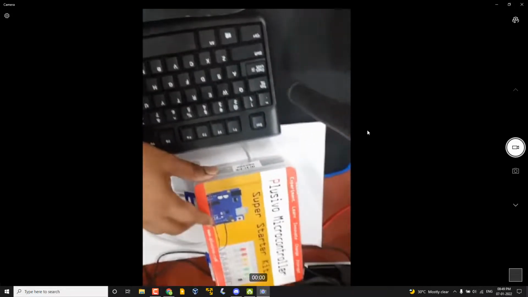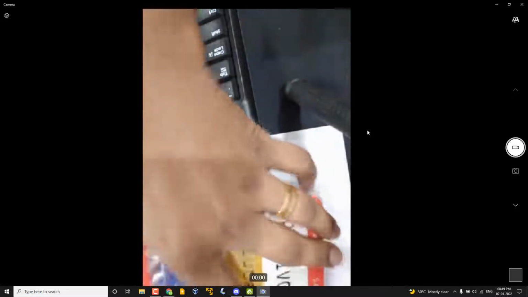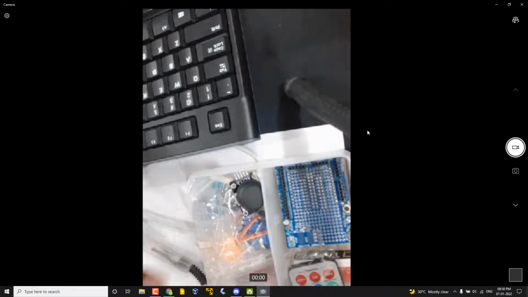Next time, tomorrow, I think I can mount it properly. This is a microcontroller board which has Arduino and everything. I can just open it for you. There are a lot of components that you can use for prototyping, mainly for robotics.